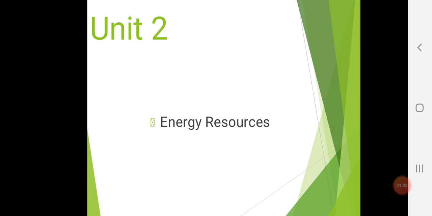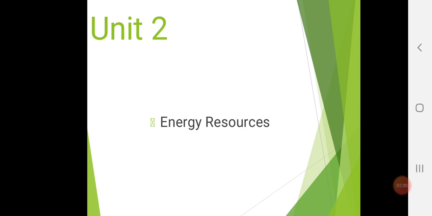Then we learned about energy conservation, and in energy conservation we started with solar energy conservation, and in that we studied the solar heater and the flat plate solar cell. Now today we are going to learn the second point of solar energy conservation.